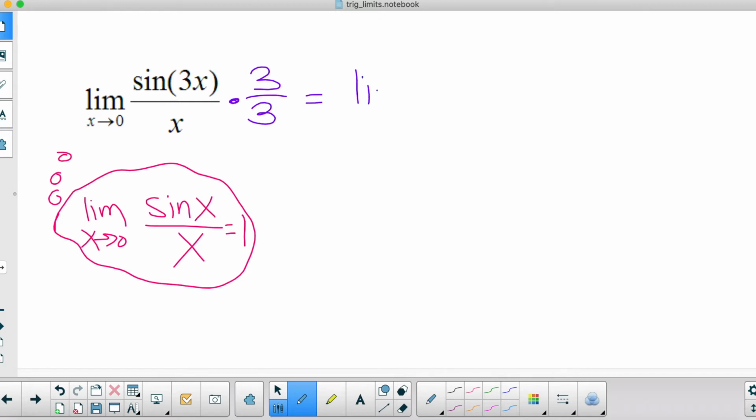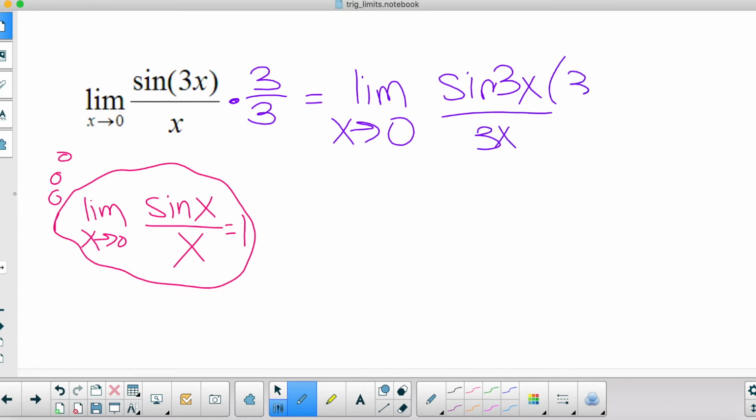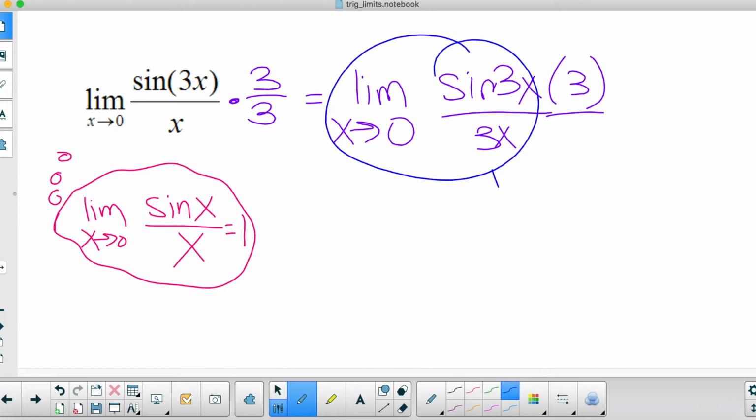This will now give us the limit as x goes to 0 of sine 3x over 3x, and in your numerator you've got a 3 hanging out there. So what's great is you'll see that this piece all goes to 1 using our property over here, and we're left with 3 times 1, which is 3.